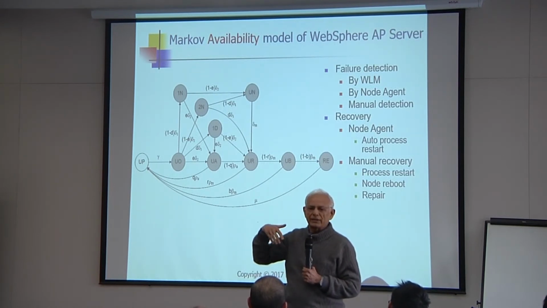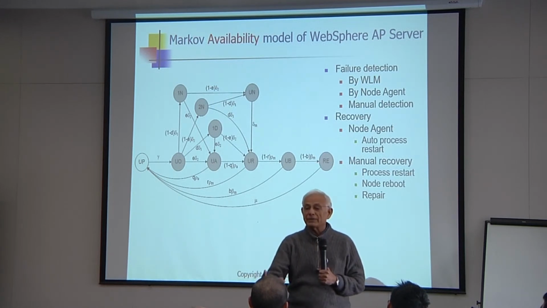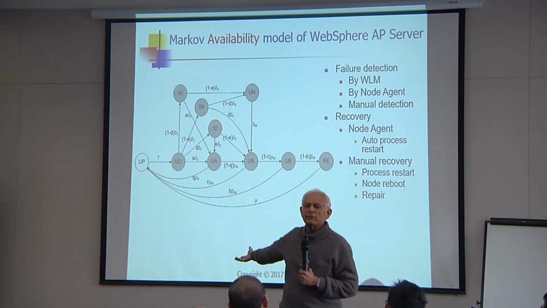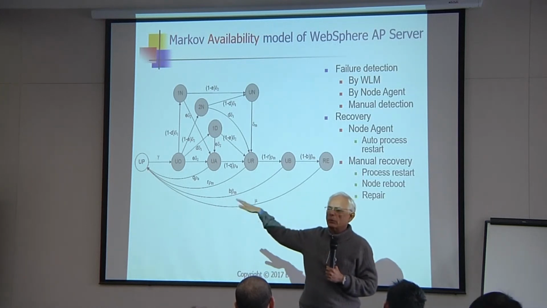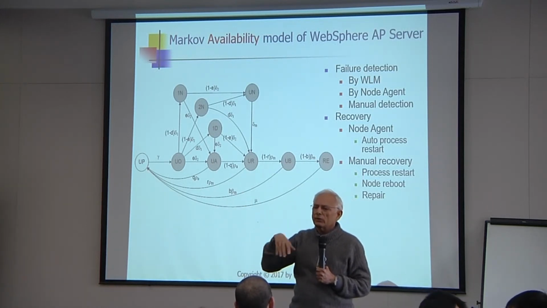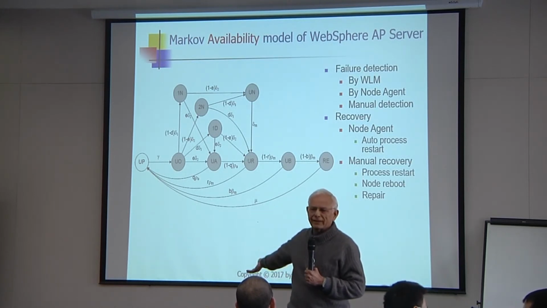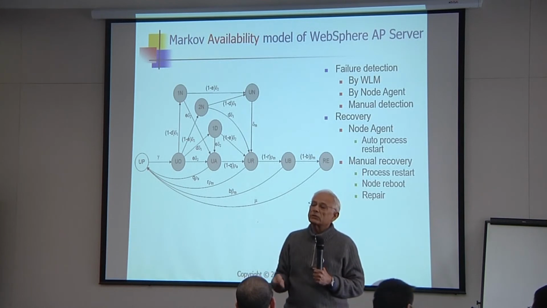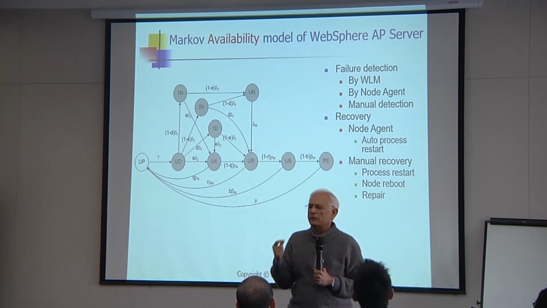There is no magic. It's simply that I listen to you, I may ask you questions: is this what happens? And then I incorporate this. In fact, most of the time, like in this case, when I went into the project, I don't think the people I was dealing with had any idea of Markov chains or fault trees or anything like that. So I was asking them, okay, the app server fails. Is there a detection of this failure?